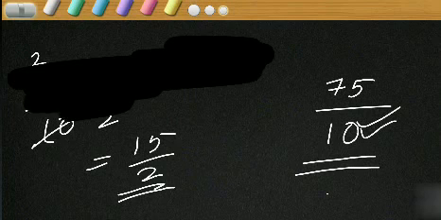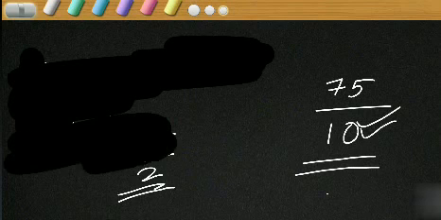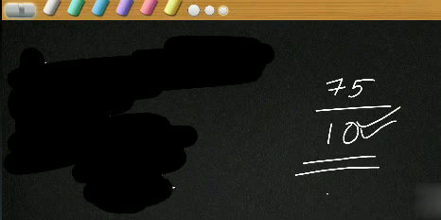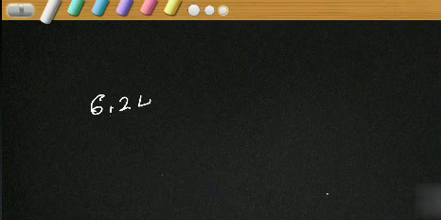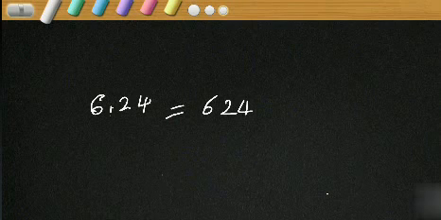So a fraction has to be written in its lowest form, or the reduced form, always. Suppose we have the decimal 6.24 with us. How to convert this into lowest form? First write 624, removing the decimal point.